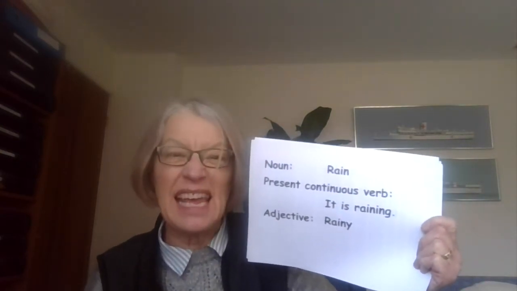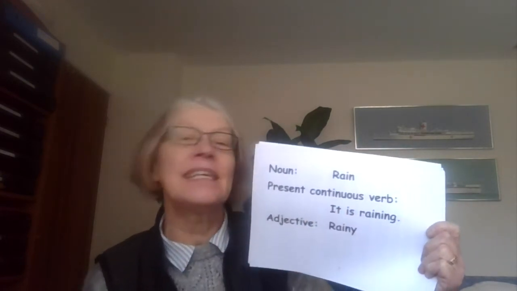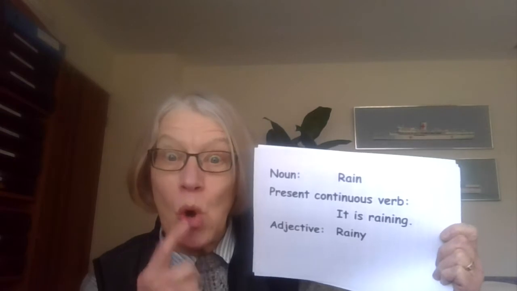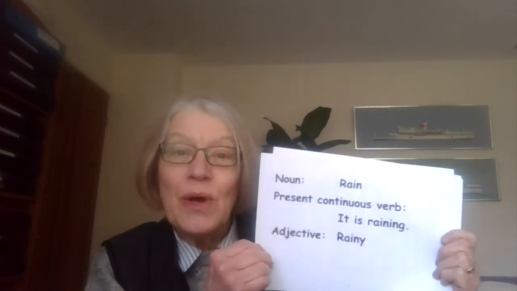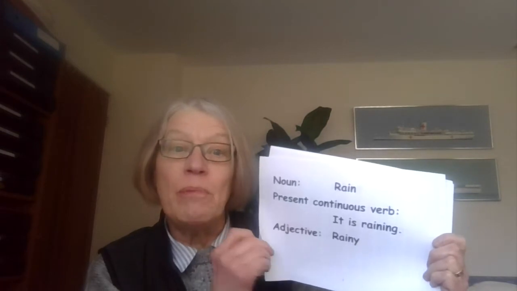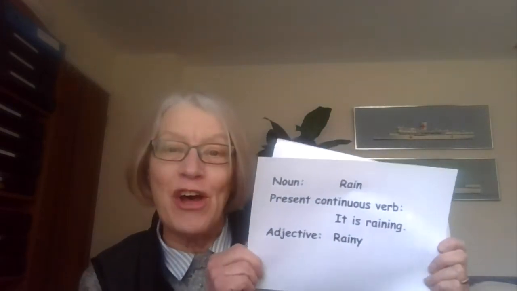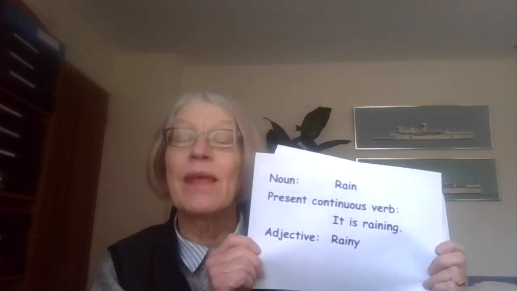We can say it is rainy, but it is raining is the present continuous verb. So your work is to do the past continuous verb of it is raining and the future continuous verb of it is raining. Write them down and then send them to me.